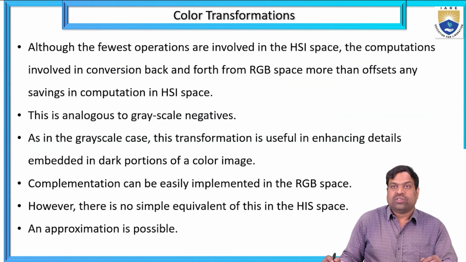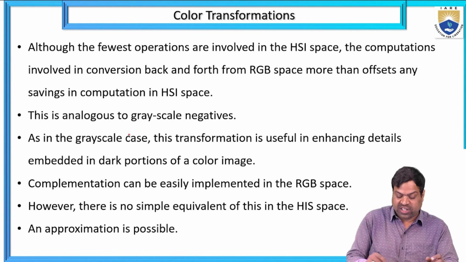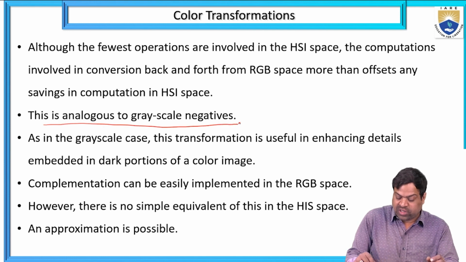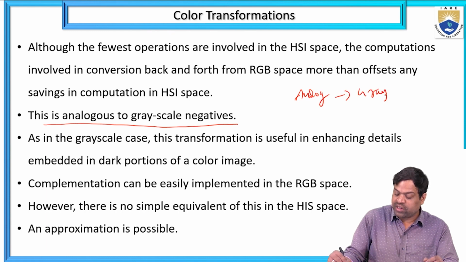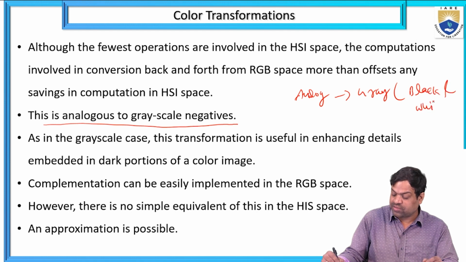Although other transformation techniques and operations are involved in the HSI space, the computations involved in conversion back and forth from RGB space more than offset any savings in computation in HSI space. This is analogous to grayscale navigation. Analog to grayscale means the analog input is converted to gray, in the form of black and white.